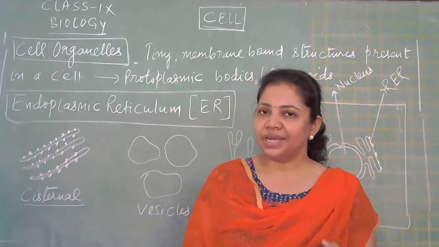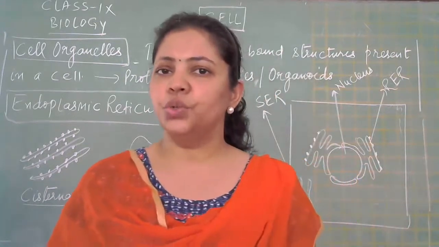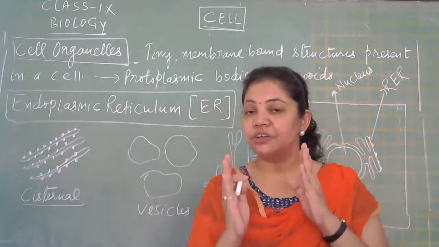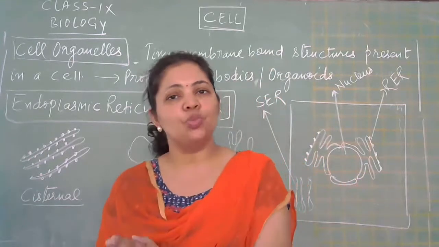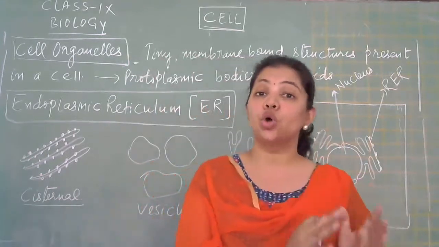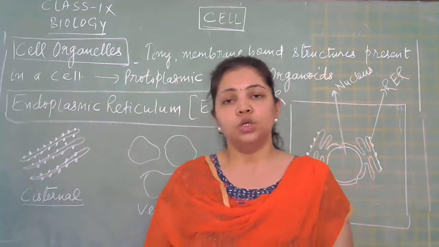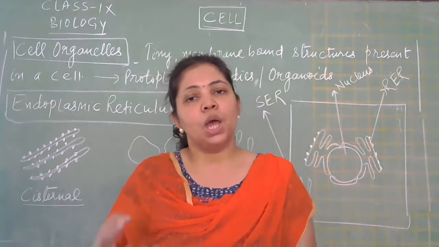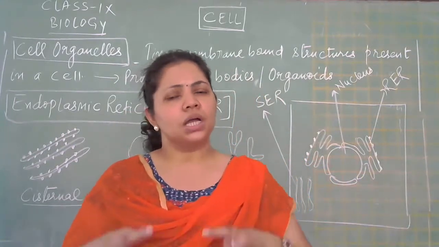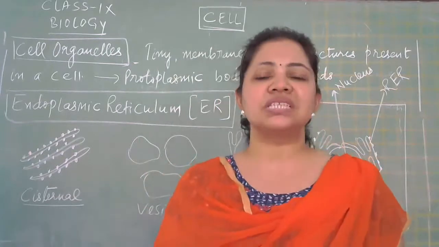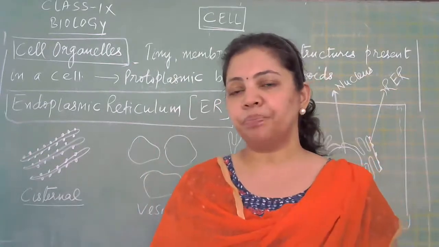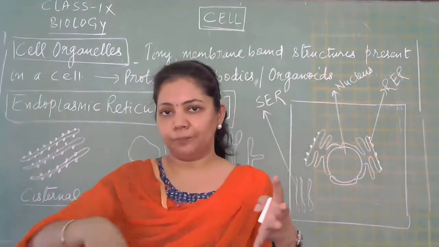Students, in 8th standard, you have learned the difference between cytoplasm and protoplasm, right? What is protoplasm? Protoplasm is the complete life-giving substance inside the cell, including the plasma membrane.